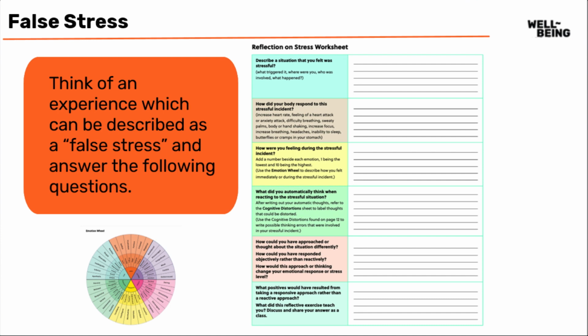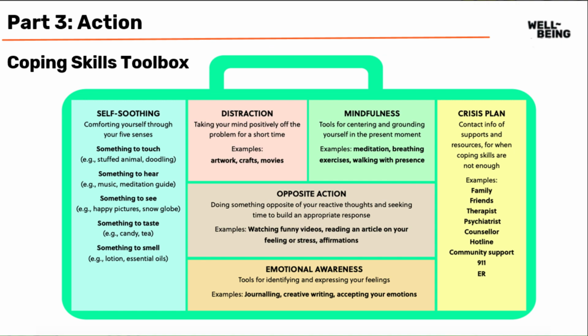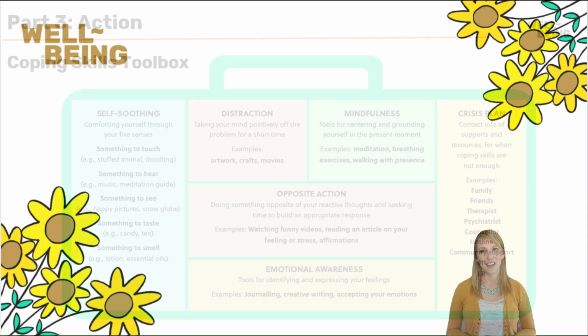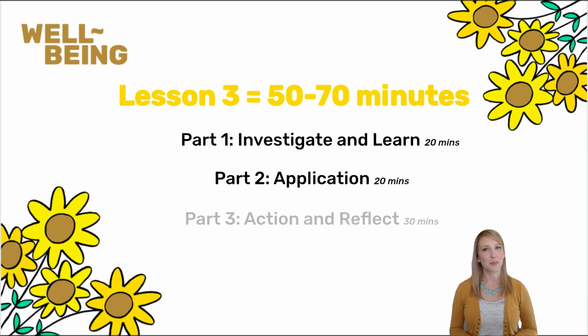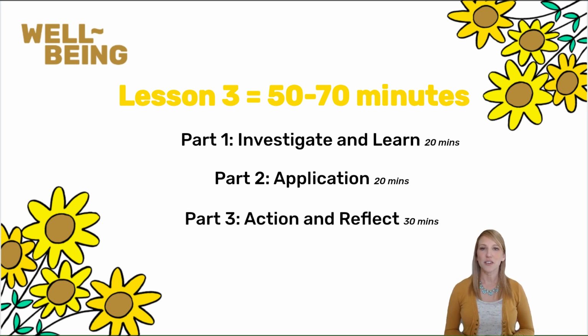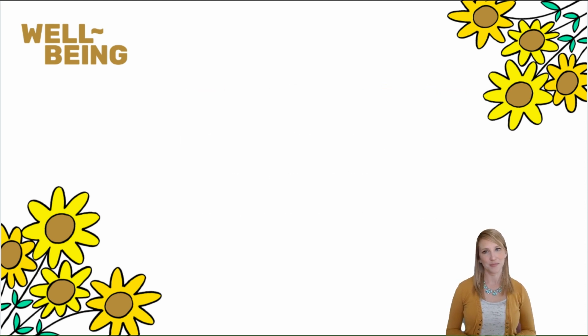This activity engages students to reflect on stress as an individual and as a class in order to build a healthy personal community. For this lesson, we recommend you dedicate 50 to 70 minutes, but again, it's broken into 3 parts so you can customize the pacing.